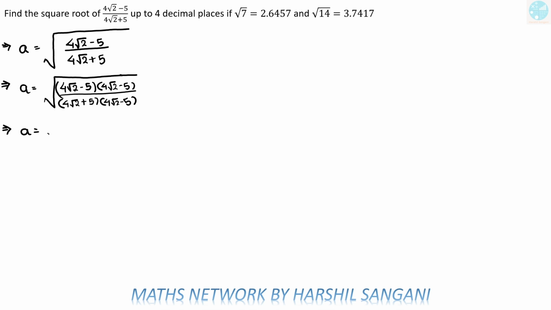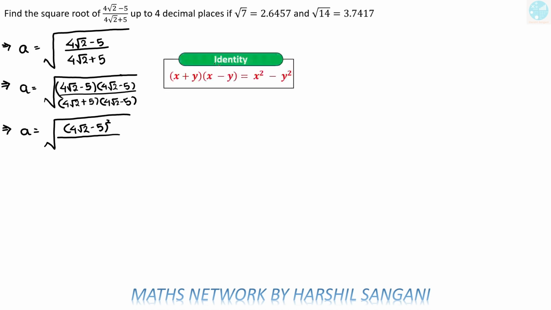It will be A equal to the whole root of (4 root 2 minus 5) whole square, because 4 root 2 minus 5 is getting multiplied by itself only. In the denominator we will use the identity that for any variables, (x plus y) multiplied by (x minus y) equals x square minus y square. So here, 4 root 2 will be x and 5 will be y. So it will be (4 root 2) whole square minus 5 square.